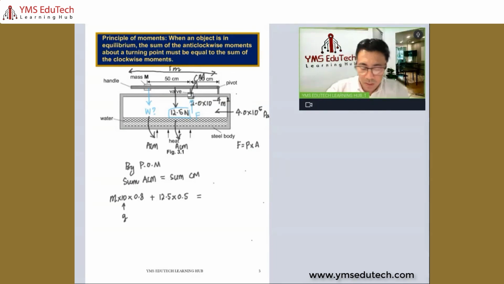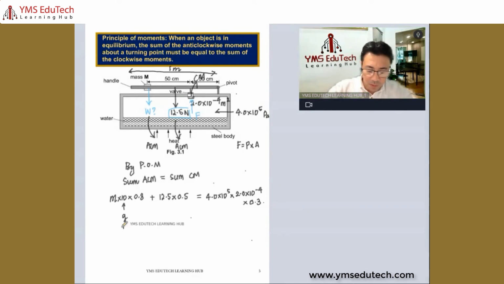So we take the pressure 4.0 × 10^5 multiplied by the area 2.0 × 10^-4. That will be the pressure multiplied by the area, giving you the force, multiplied by the distance from the pivot, 0.3.